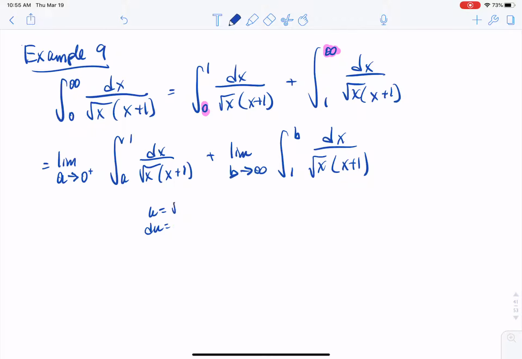If we chose the square root of x as our u, that's x to the 1/2, and du would be 1 over 2 square root of x dx. But we already chose that first one as our u, so that didn't help either.